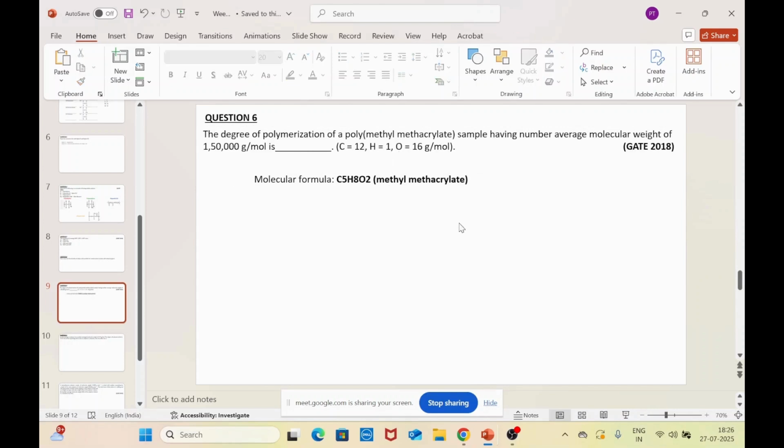So try solving the problem, because these questions are very similar to what you will be getting in your assignments. This is a GATE 2018 question, so it will be very helpful if you are planning to appear for the GATE exam sooner or later.